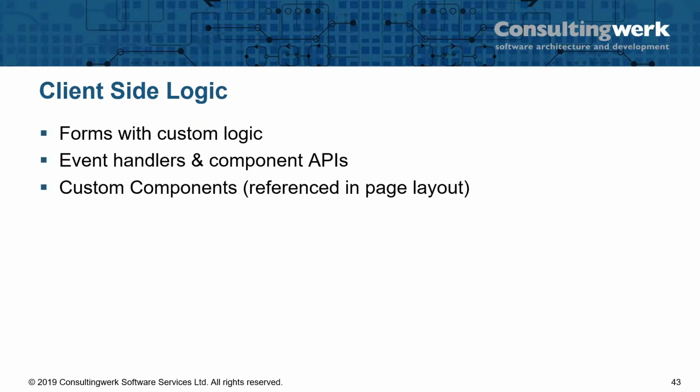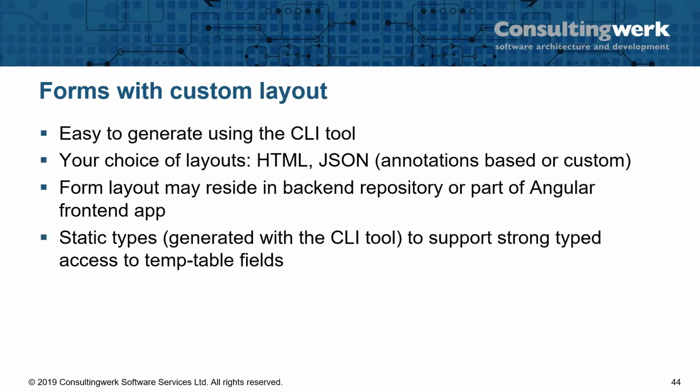For example, maybe a custom calendar component or something that you would like to be part of a form, and you just add the smart custom component annotation to it, give it an ID, and then you can reference that in your JSON layout, and it will get rendered at the specific spot at runtime.